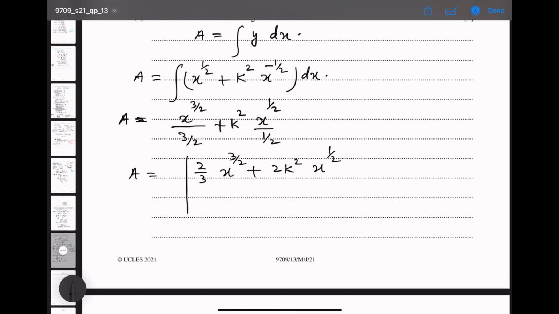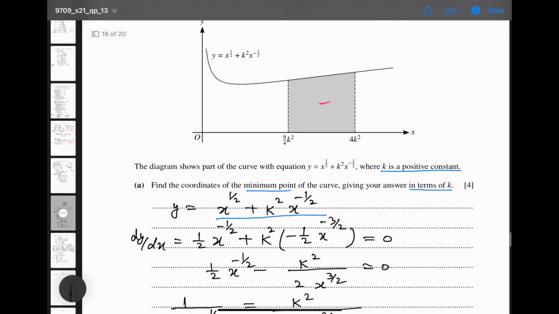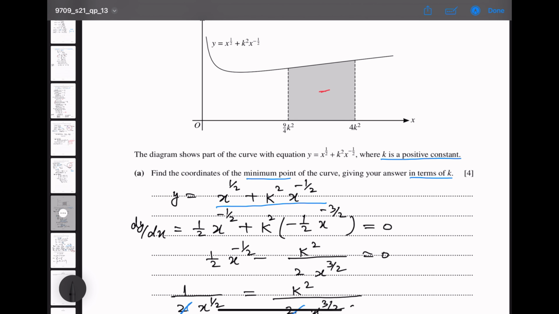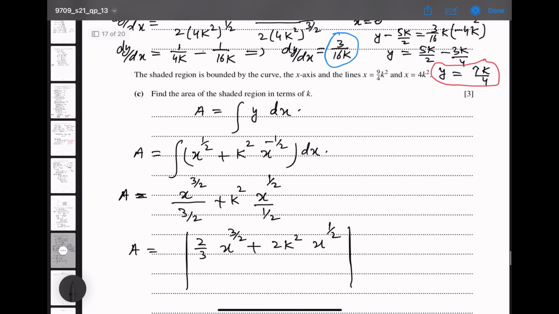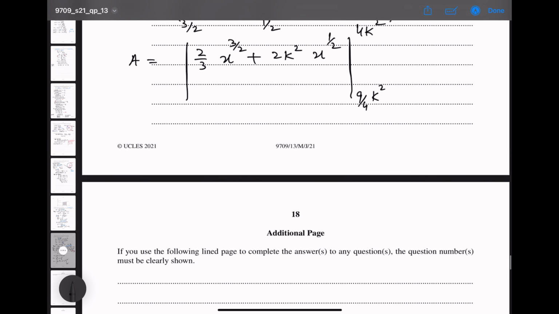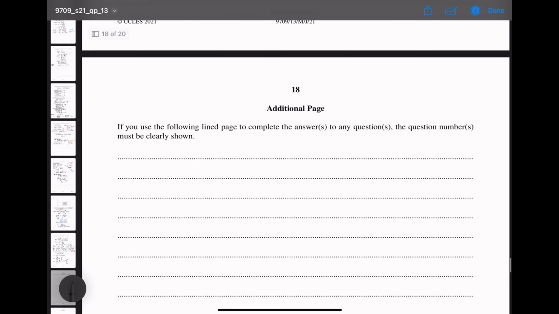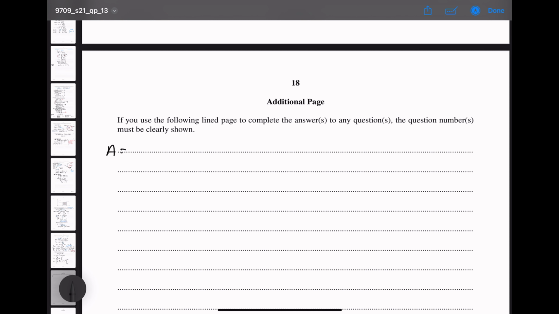Now the limits. You can see in the figure, the lower limit is 9 over 4 k square. Upper limit is 4k square. Now we apply the limits: upper limit minus lower limit. So area will be, for the upper limit, in place of x we put 4k square.